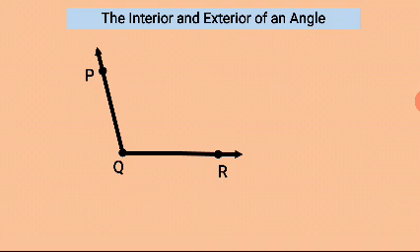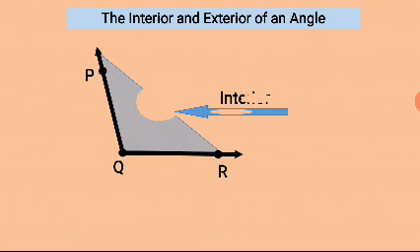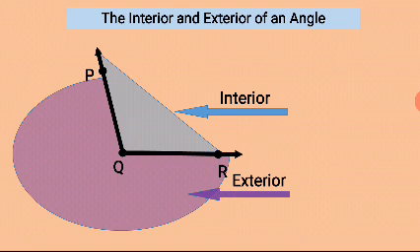Got it? So we learn about the interior. The interior portion is the angle portion. The angle place is called the interior, and the outer place is called the exterior.